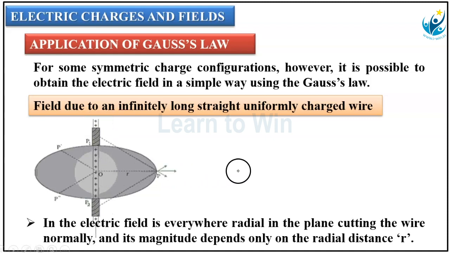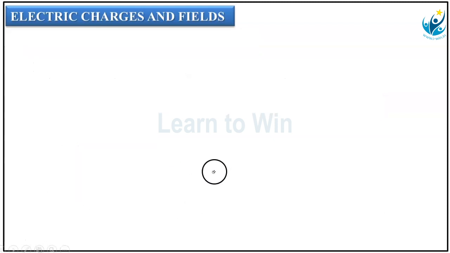Electric field is directed along this direction if the wire is positive. If the wire is negative, electric field is directed inward. Whatever it may be, it cuts the wire normally, whether inward or outward. And its magnitude depends upon the radial distance of the point from the wire. Means on this r, this value depends.